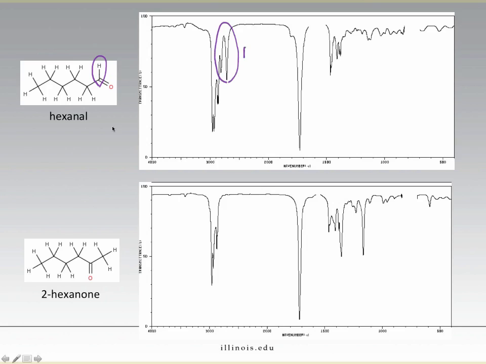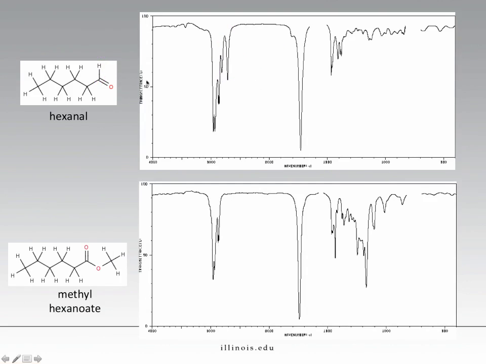This is often called the Fermi doublet. Again, it doesn't always show up, and even if it does, it might be covered up by other stretches. Don't rely on this appearing. However, if it does appear, this Fermi doublet is characteristic of an aldehyde. See how we see those stretches here, but not in the ketone.